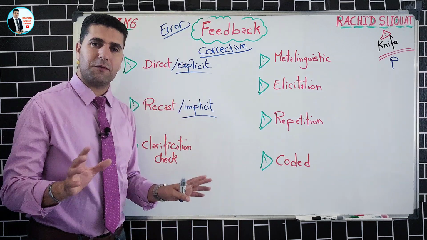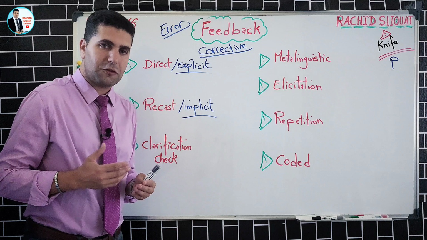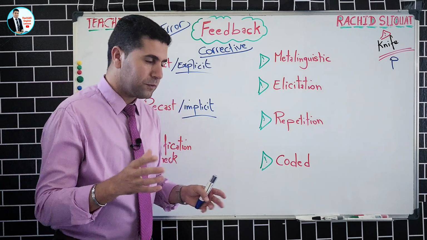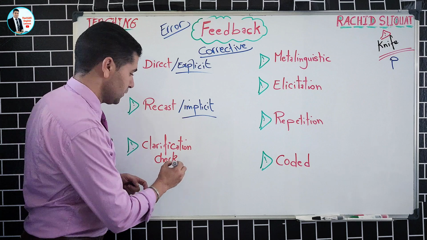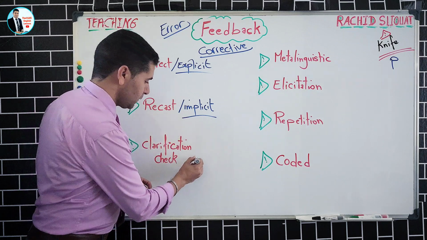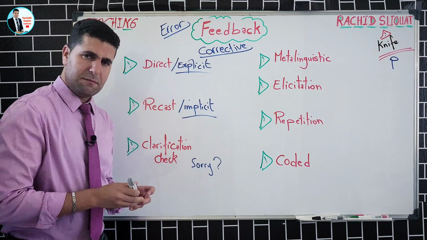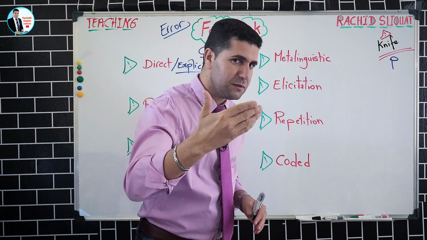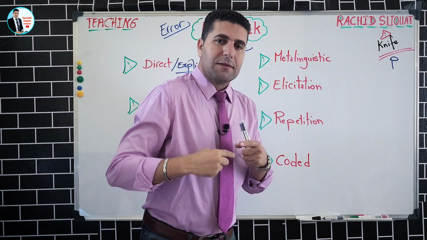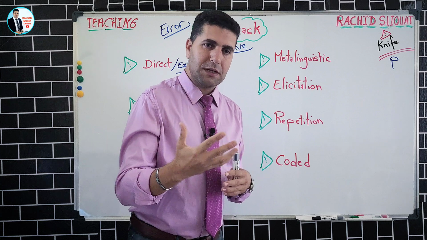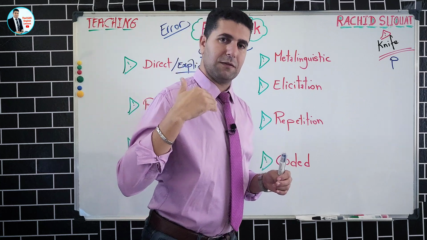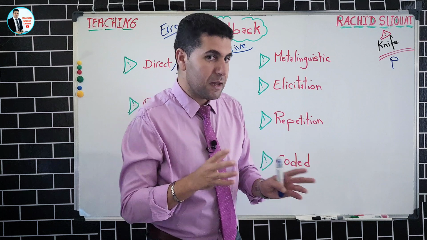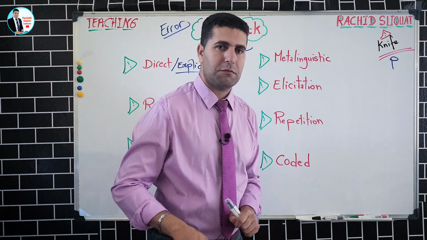Number three is clarification check. When I say clarification check, the teacher asks for clarification. Most of the time, the teacher might ask with words like, sorry, or excuse me, which means repeat. Could you repeat, please? When the teacher asks the student to repeat, or says sorry or excuse me, and the student repeats, the student might know that he made a mistake and he might correct himself.